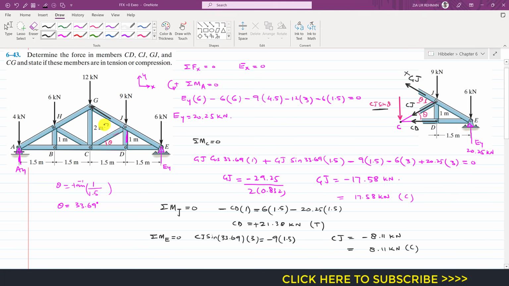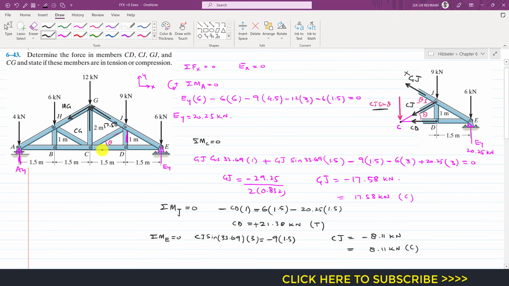So let me write it here. Similarly, let's assume that this Hg member is in tension, let's say. So this is Hg, and this Cg member force is, let's say, in compression as well, right? These are our assumed directions, right? So we are interested to find this Cg.